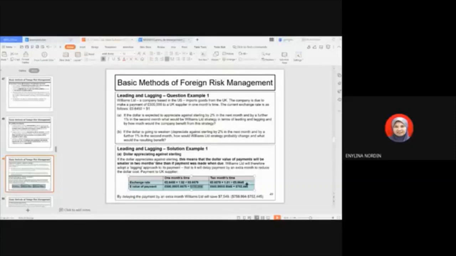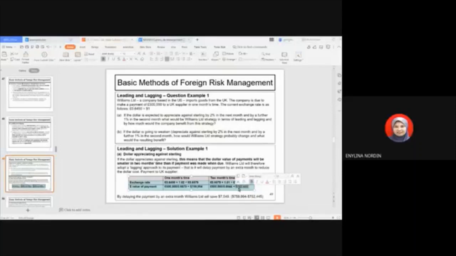So what happens to the US company? There will be a lesser dollar amount. 500,000 pounds divided by this latest rate, 0.6645, is equivalent to $752,445. So there will be fewer dollars to be converted into the 500,000 pounds.